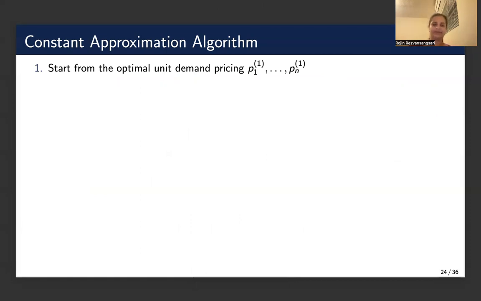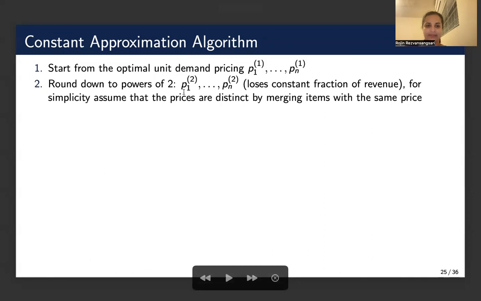Let's say we start from some optimal unit demand pricing P1. We round down these prices to powers of 2 in an appropriate way. And doing this loses us only a constant fraction of the revenue. And then note that once I do this, it is possible that some of the prices are equal.